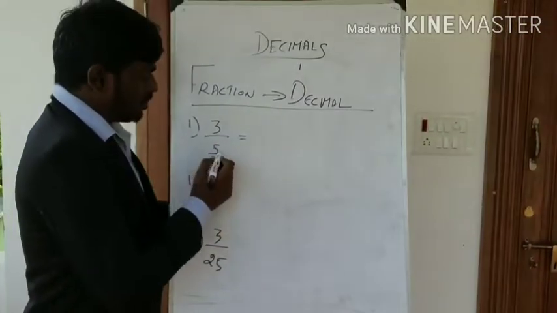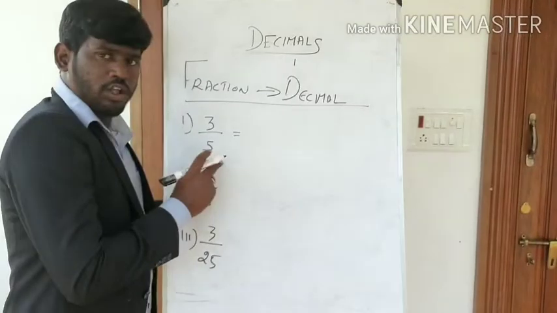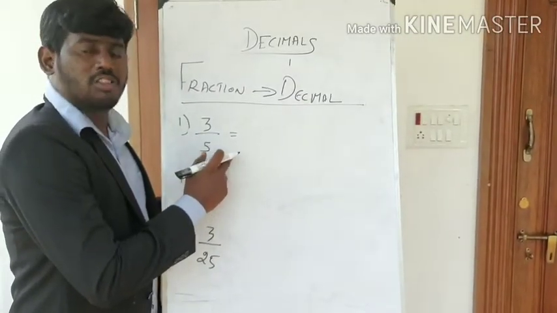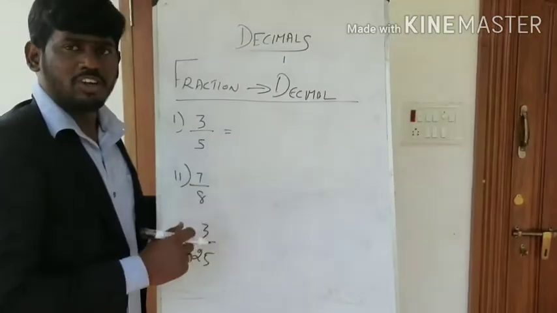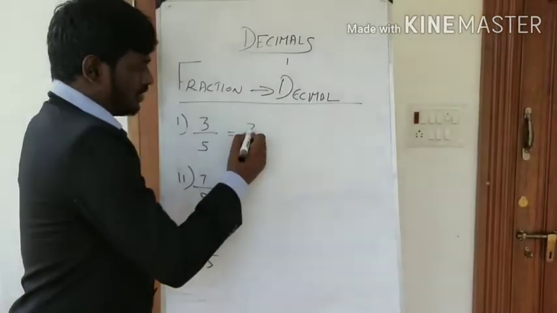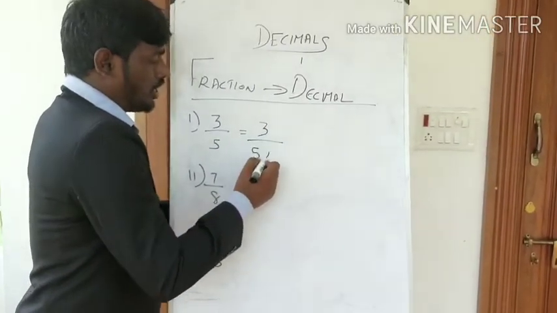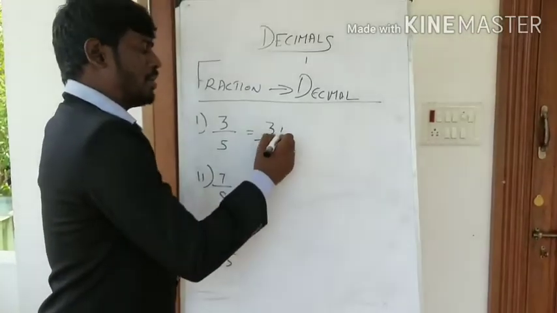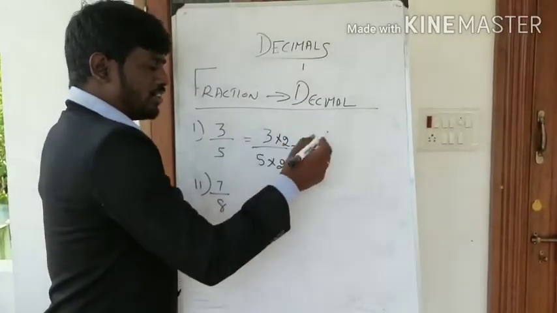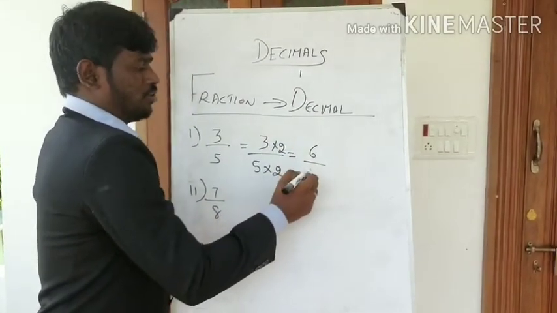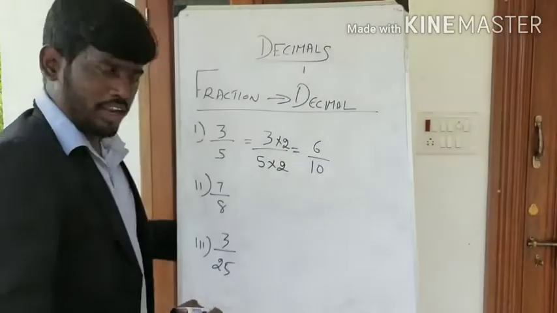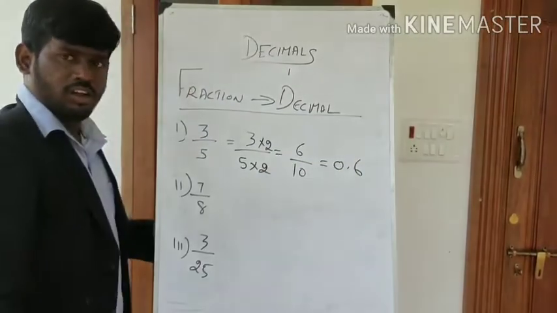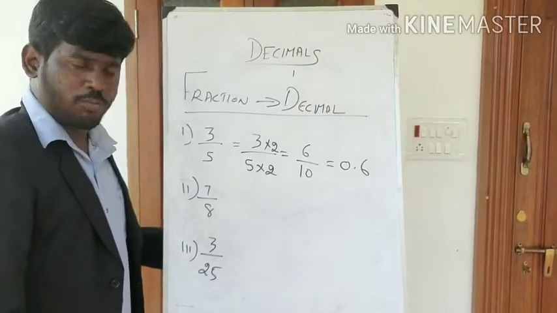So just think, what is the denominator here? 5. If I need to get 10, 100 or 1000, what can I multiply with the denominator? Yes, 5 into 2. 5 2s are 10. The same number I have to multiply with the numerator. 3 2s are 6. 5 2s are 10. 6 by 10. Now I can write it as 0.6.